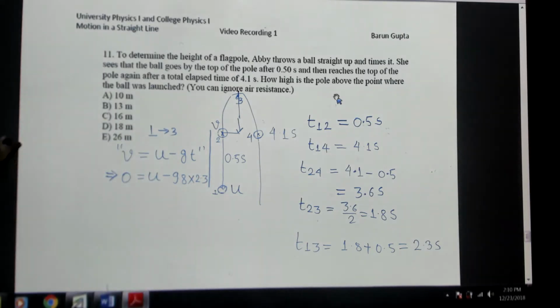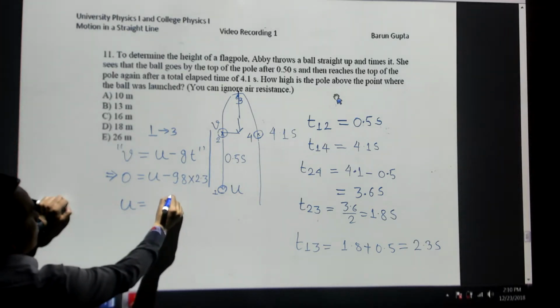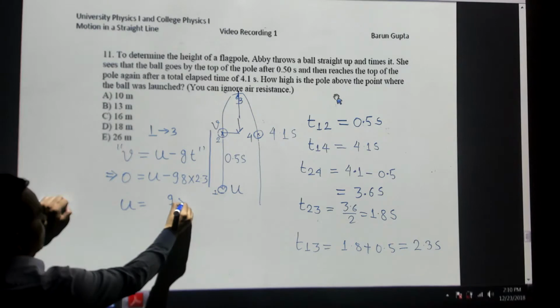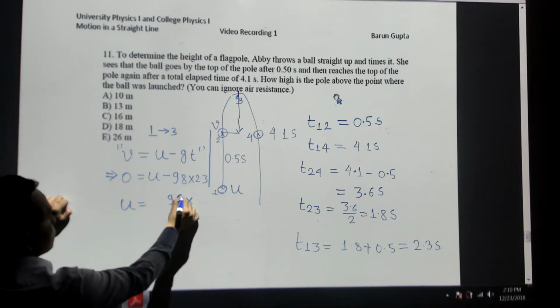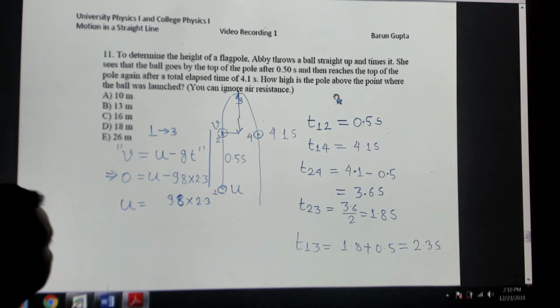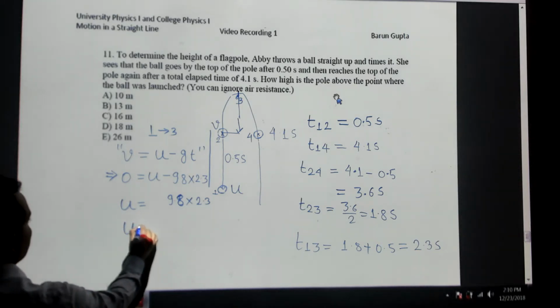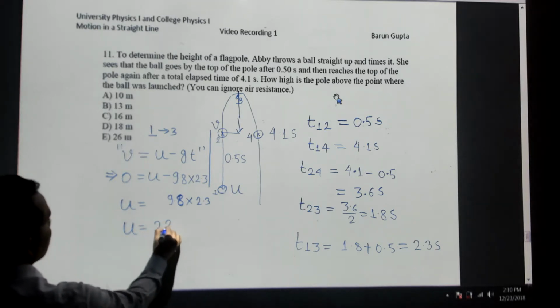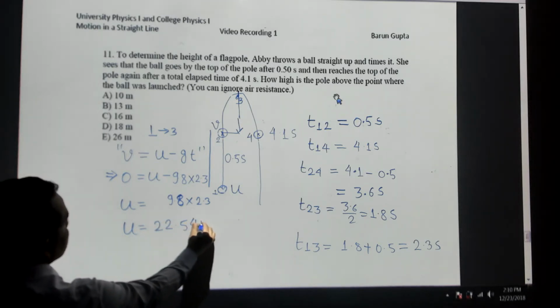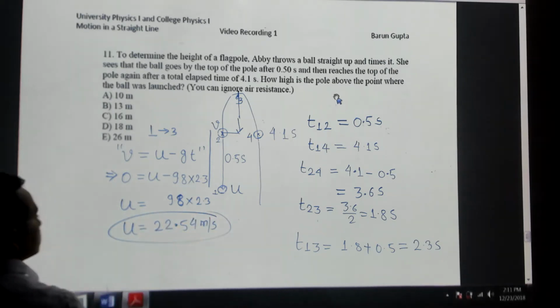When you solve this equation, u is simply equal to 9.8 times 2.3. Let me solve this. 9.8 times 2.3 is 22.54 meters per second.